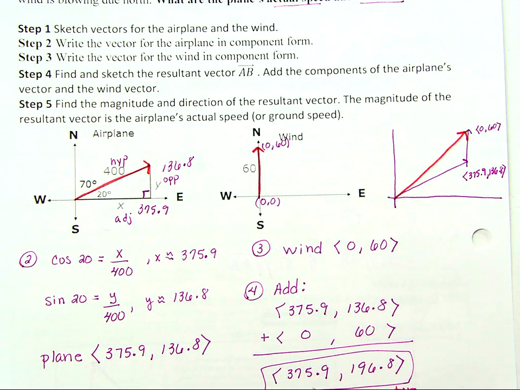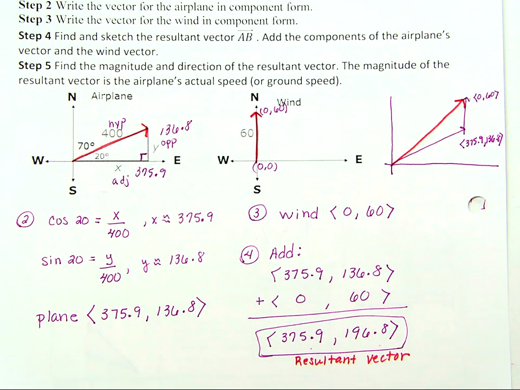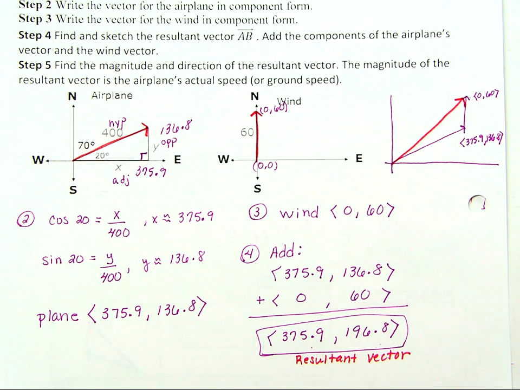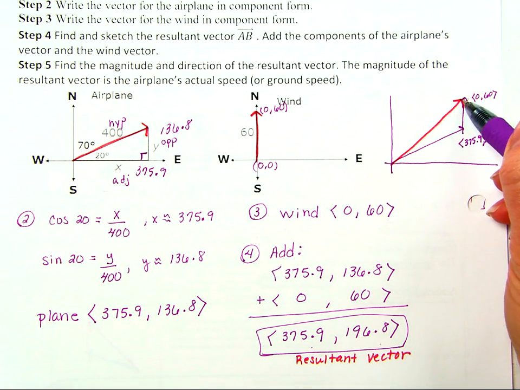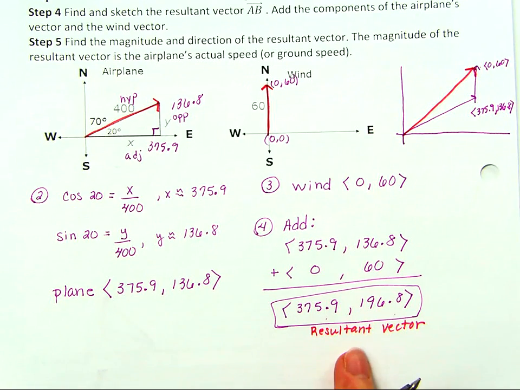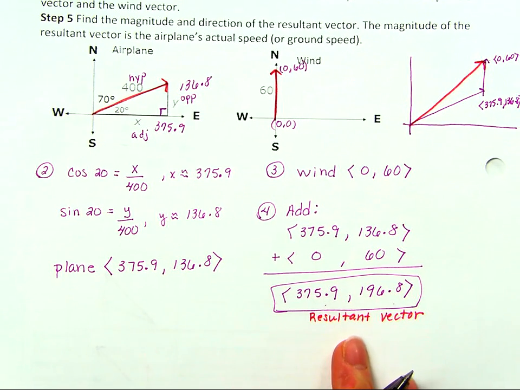This is telling me my path is being changed because of my wind. My horizontal change remains the same, but my vertical change increases. My resultant vector is how I'm going to calculate my speed and direction, because I want the length of this red arrow. So those are the numbers I'm going to use to calculate my speed.